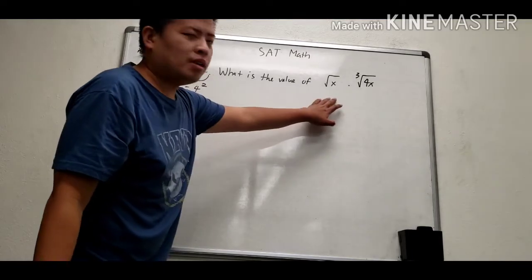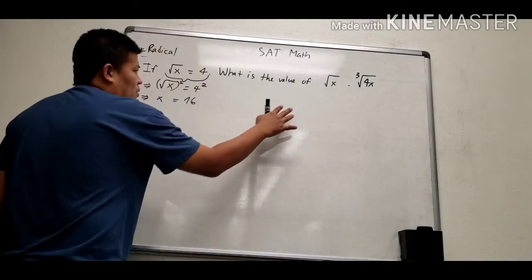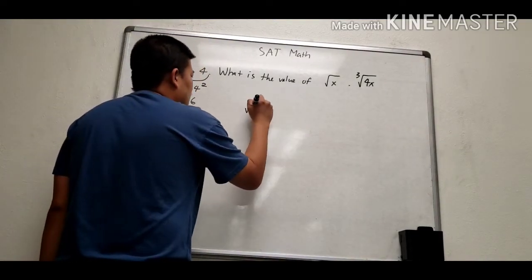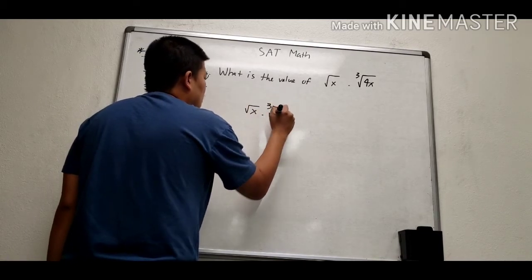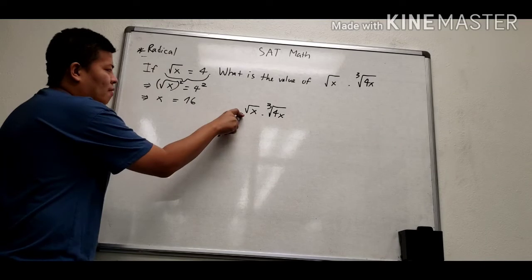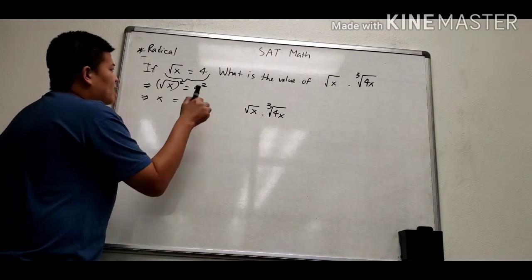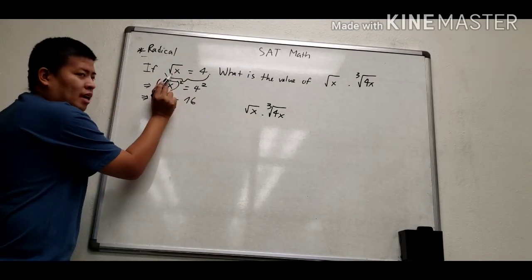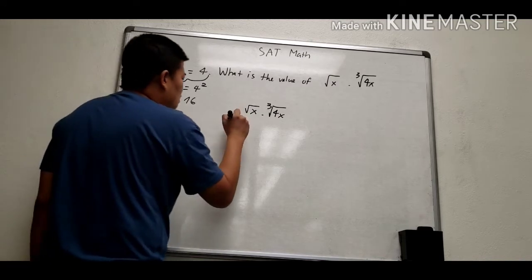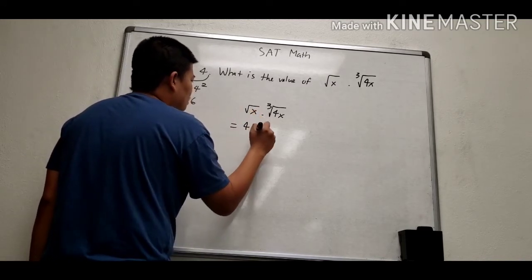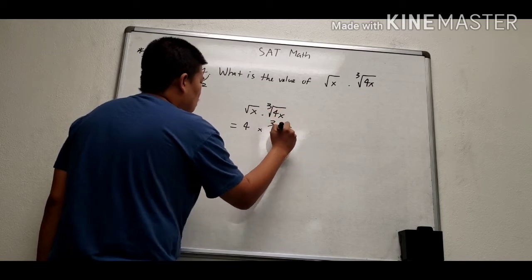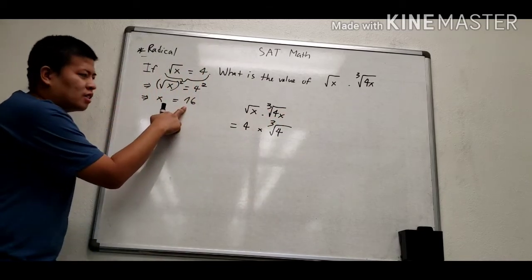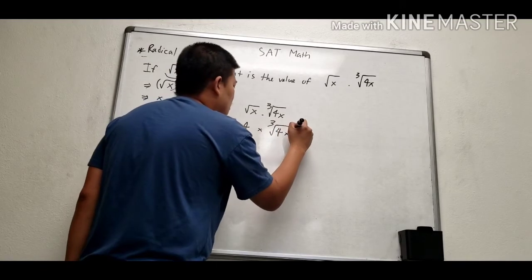Now we input it in the original expression. In here we have the square root of s, and at the beginning they provide the number for you. So this one will become 4, and we will multiply with the cube root of 4s. In here we have 16, so we multiply 4 by 16.